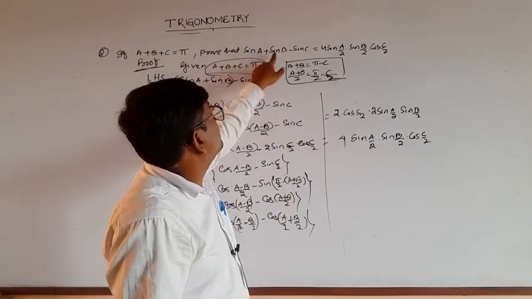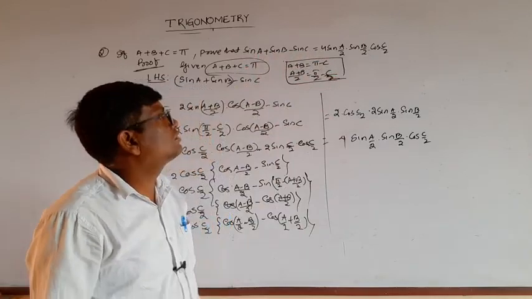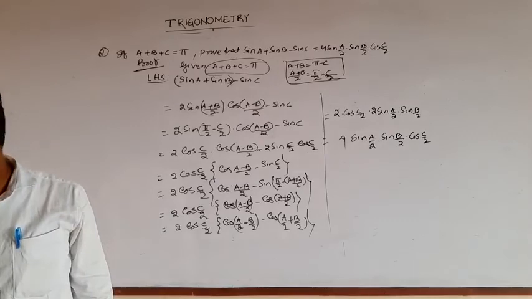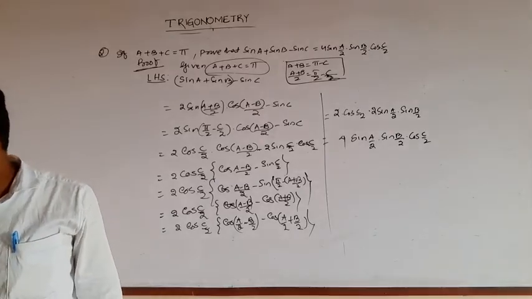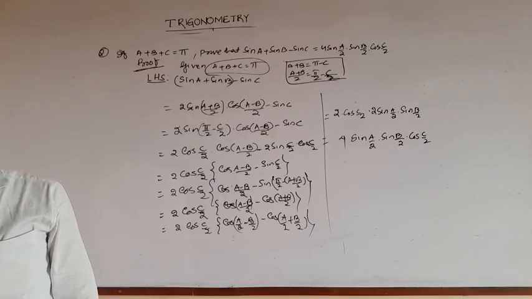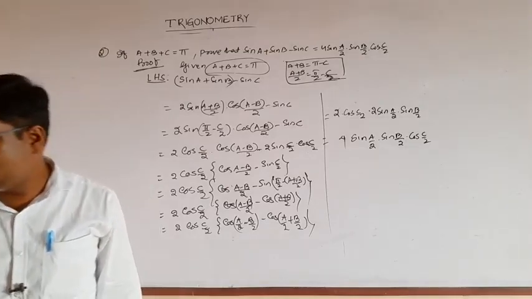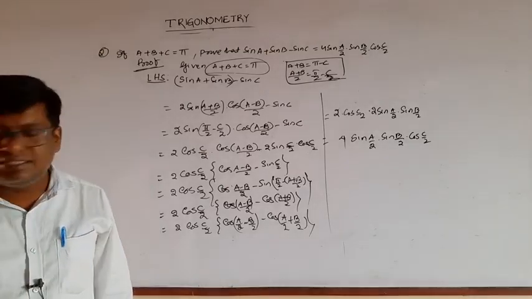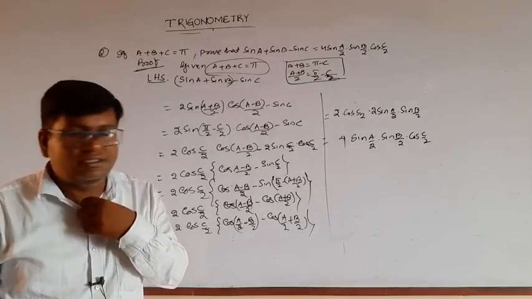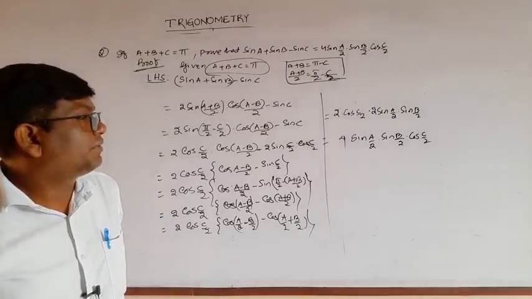Correct the question: sin A plus sin B minus sin C is equal to 4 sin A by 2 into sin B by 2 into cos C by 2. This is a question from the material, page number 21, question number XIX, bit. This question has an error in the material, a typical error.